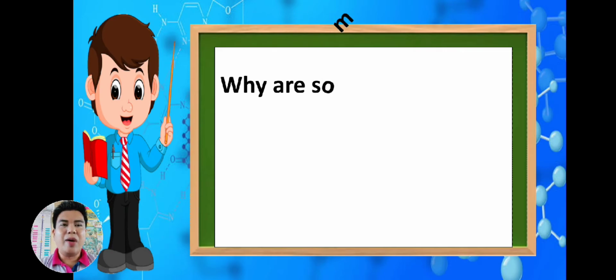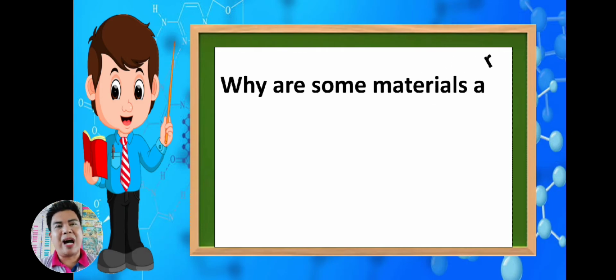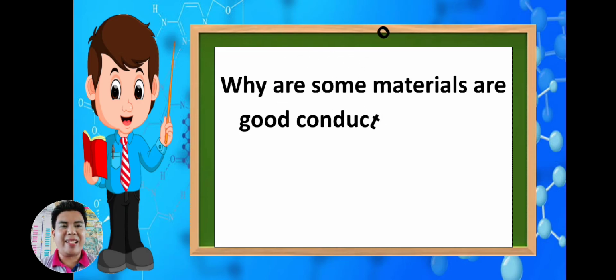And now, we are going to answer the problem that I presented to you while we were starting our new lesson, which is, why are some materials good conductors of heat and electricity?